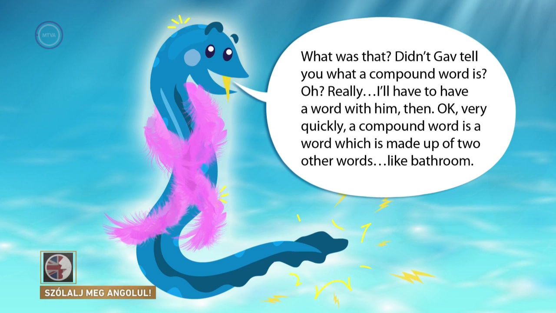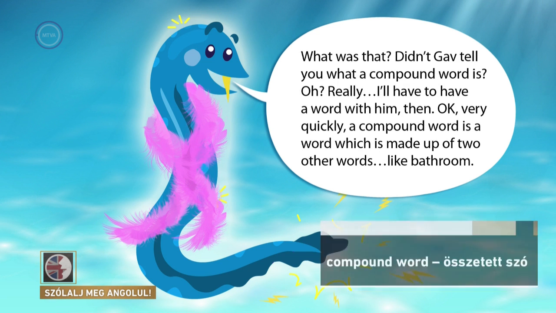Well, what was that? Didn't Gav tell you what a compound word is? Oh, really? I'll have to have a word with him then. Okay, very quickly. A compound word is a word which is made up of two other words, like bathroom.